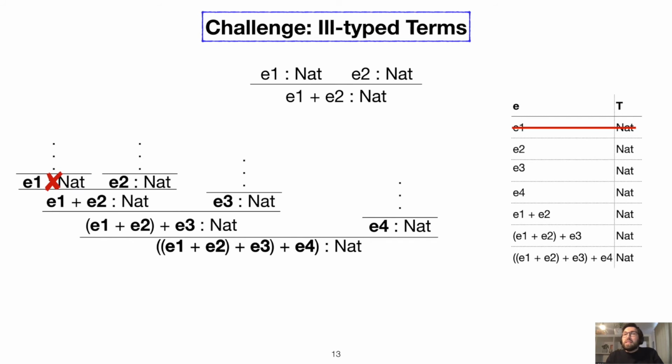We need to delete the entry in the cache, and now E1 plus E2 is also not derivable anymore, and therefore we need to delete all the ancestors of this expression in the cache. If we change the program again so E1 is of type NUT again, we need to rederive the typing information for all the ancestors of E1 plus E2.